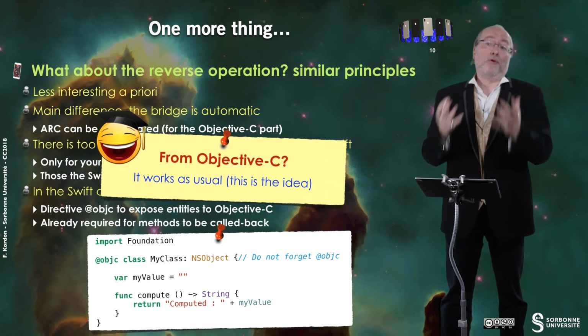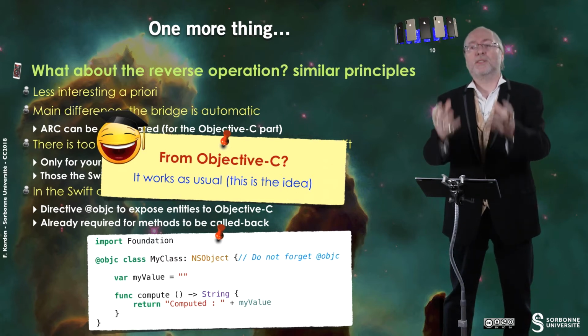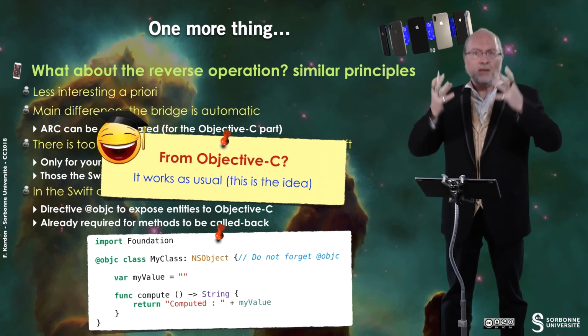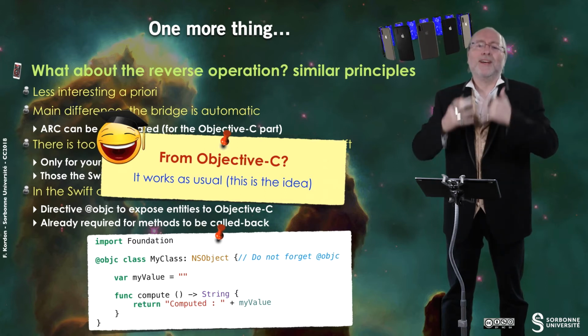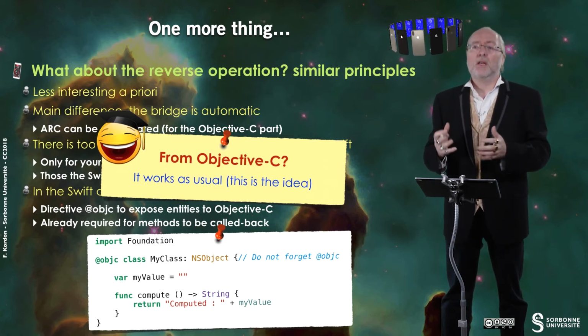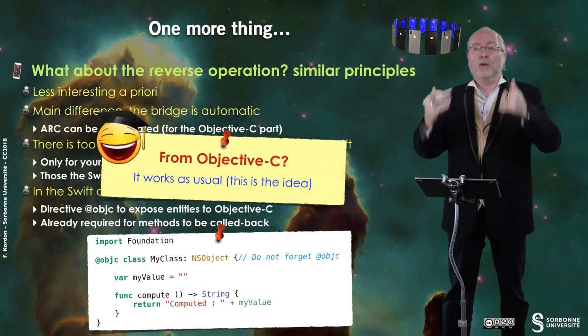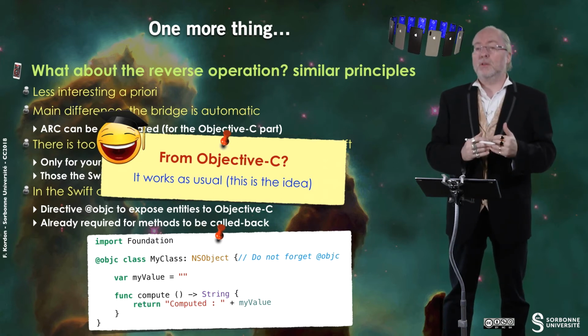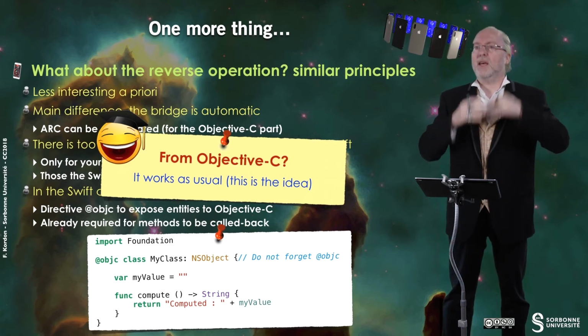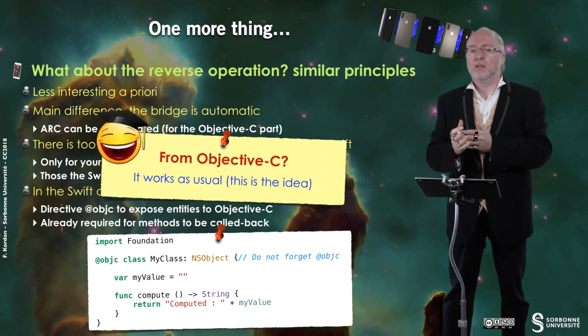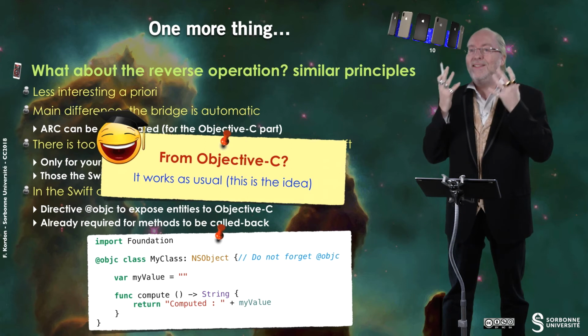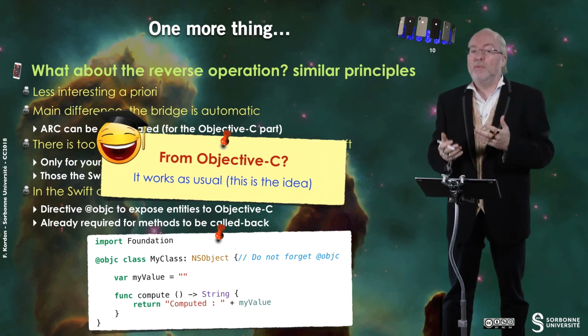So from Objective-C, it works as usual, as if the code was written in Objective-C. That's the idea: you are writing code and you invoke a class either in Swift or in Objective-C without any idea of how it is implemented.